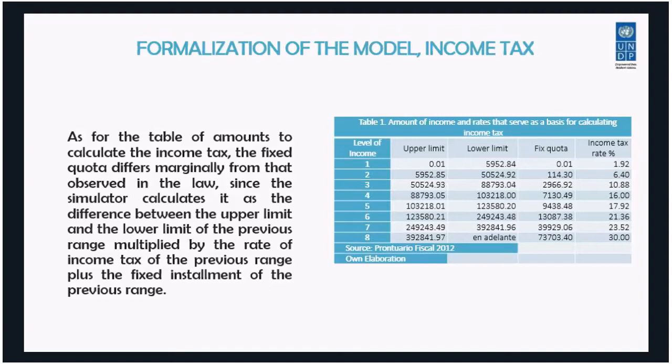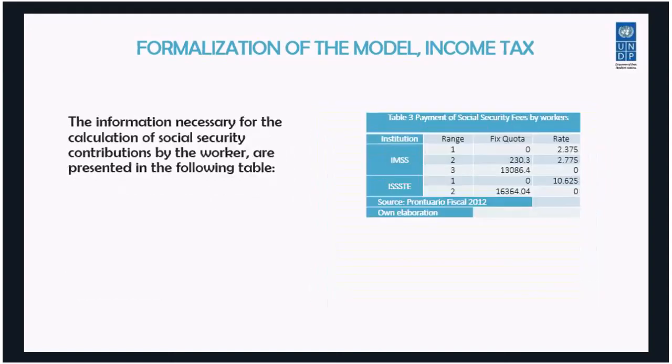For instance, for the level of income 8, that individual, which is a very rich individual, has to pay a fixed amount of almost 73,000 plus the income tax rate, right? So these are examples that we included from some actual cases that we implemented in Mexico and in other countries.